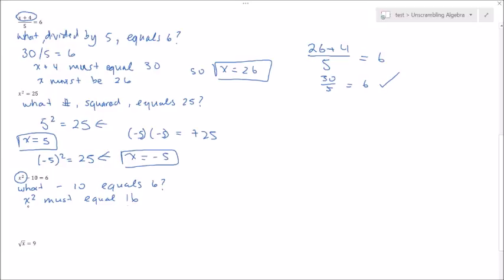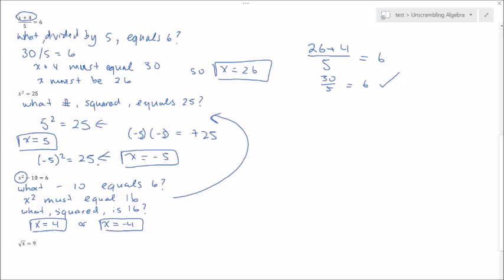Well, if x squared must equal 16, then the question is, what squared is 16? Not what is 16 squared, but just like the last problem, what, when squared, is 16? And that answer is going to be 4. But of course, we can't forget that if we square negative 4, we will also get 16.